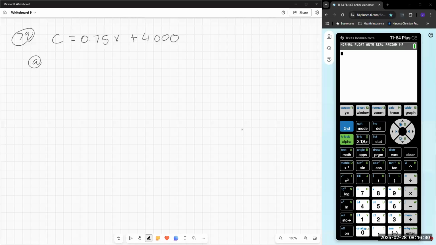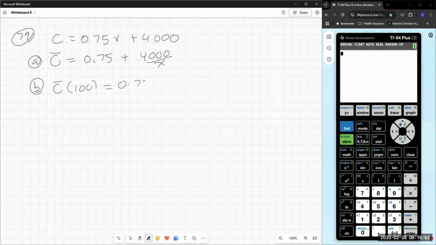So part A says find the average cost, which is 0.75 plus 4,000 over X. And then we want to find C bar when X is 100.